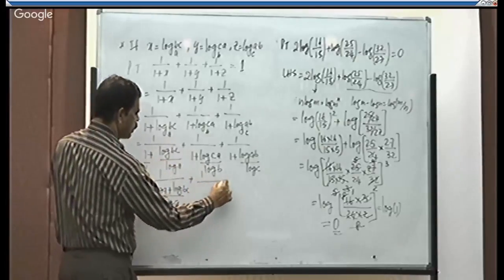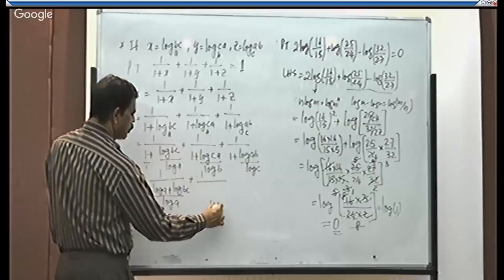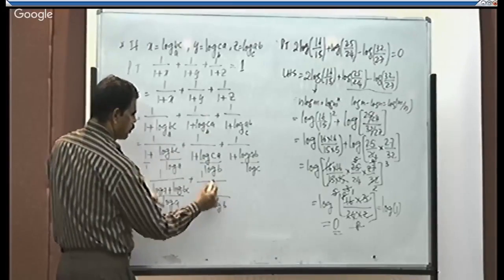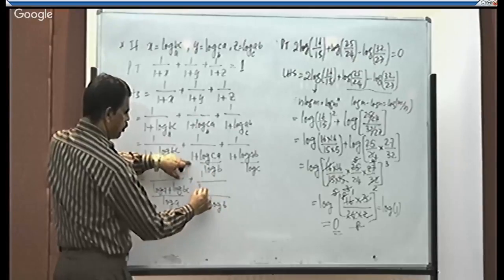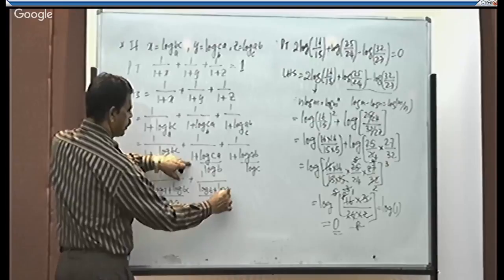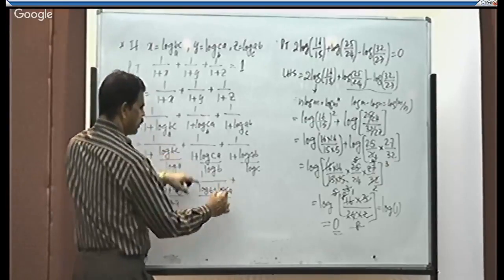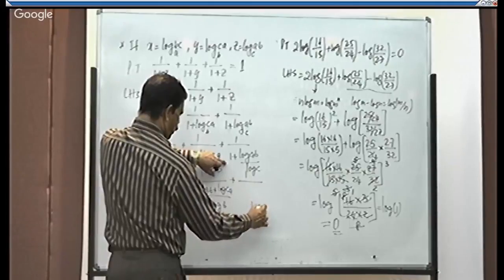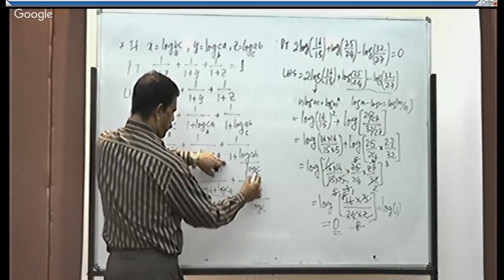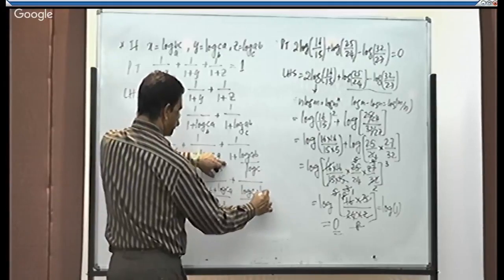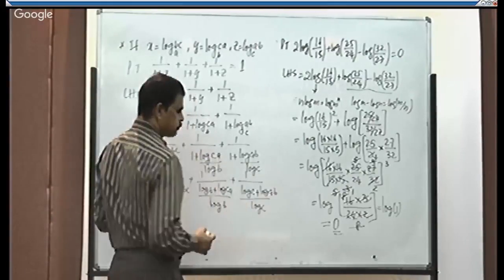There also you take LCM. What is LCM? Log of B. Then it becomes what? Log B plus log of CA. Plus in the third term also, in the denominator, log C is LCM. It is what? Log C plus log of AB.